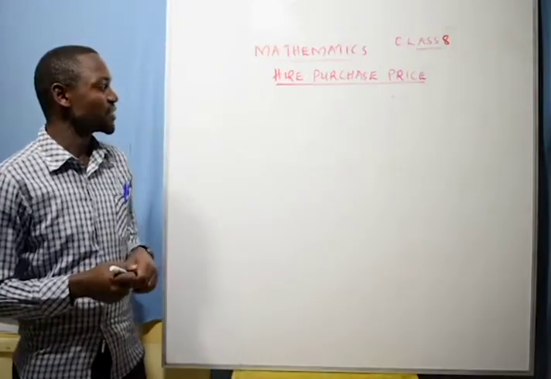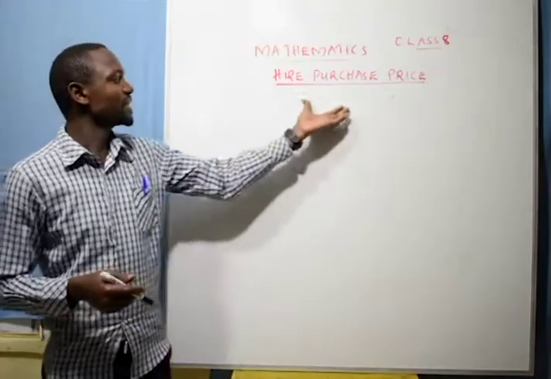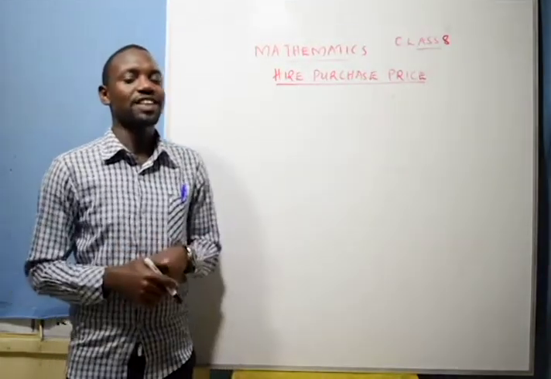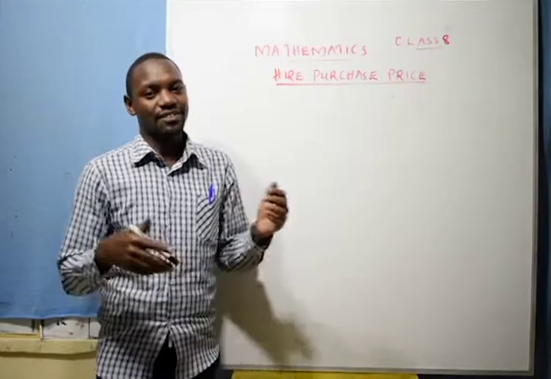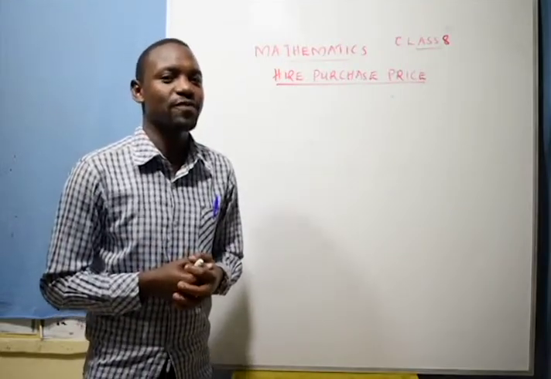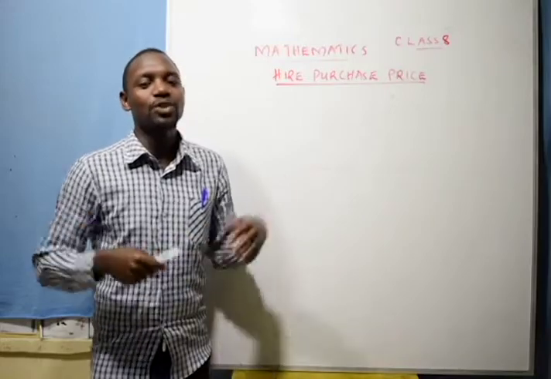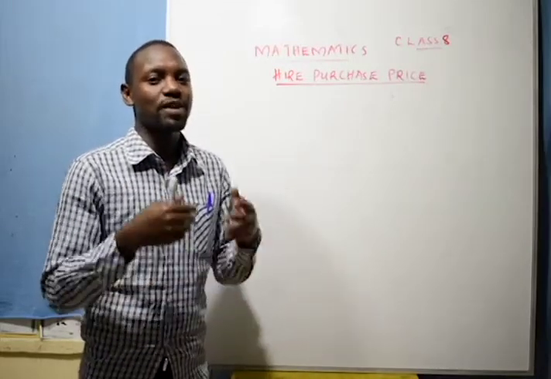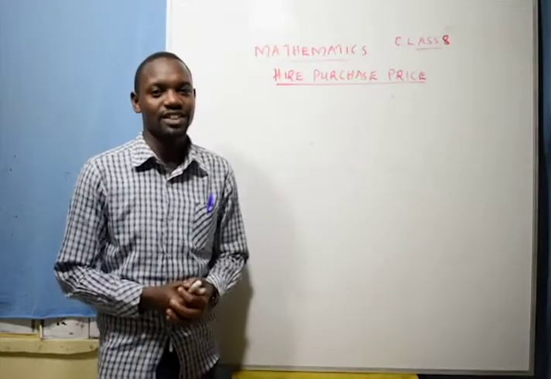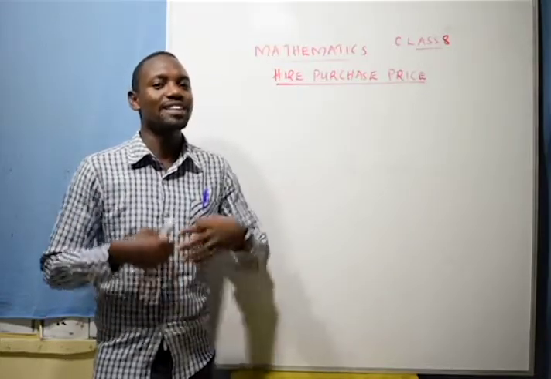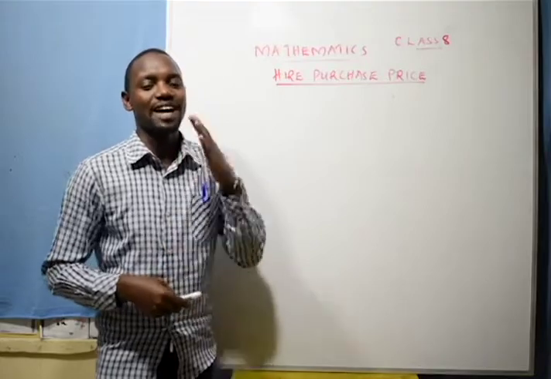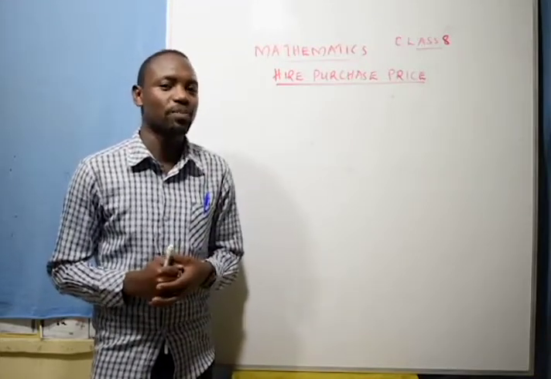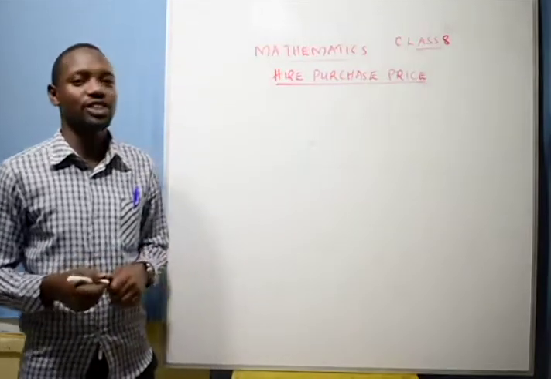For example, you purchase a television set which costs 50,000 shillings. Then you pay a deposit, that is a small amount of money, for example 30,000 shillings. So the remaining amount of money, that is 20,000, you decide to pay at regular intervals. Those are called the installments. That is now the hire purchase price.